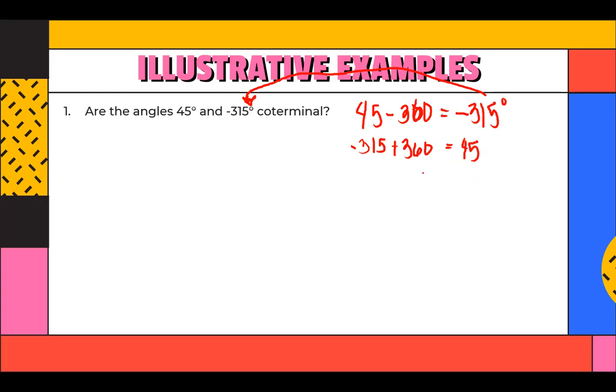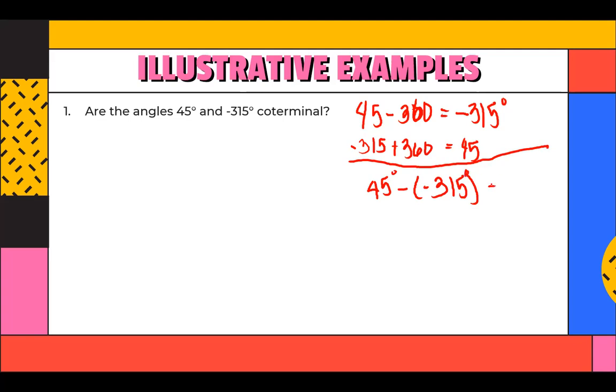But based on our definition earlier, we can also identify if these two angles are coterminal by finding their difference, and that should be a multiple of 360. Let me just draw a line. So we'll have 45 minus negative 315 degrees.